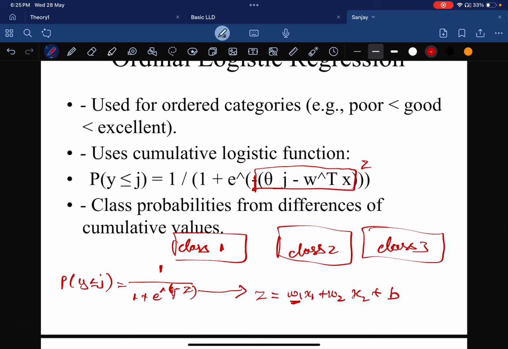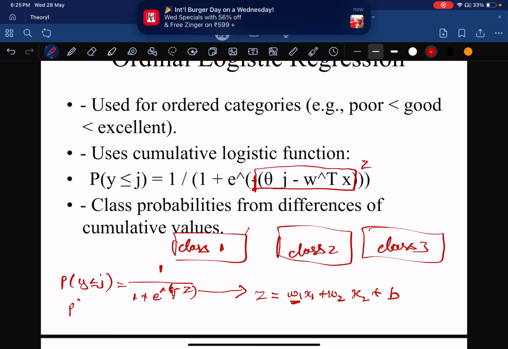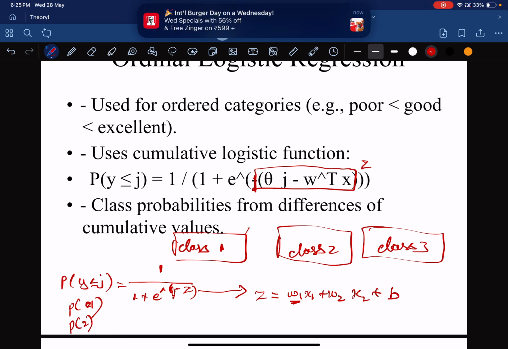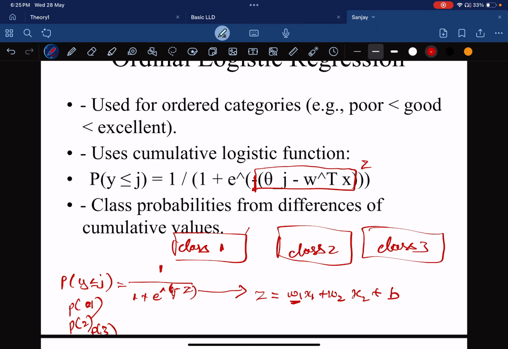Class probabilities come from the difference of cumulative values, meaning each class has a probability. For example, with three classes, it will find p1 for class 1, p2 for class 2, and p3 for class 3. And the data goes into the class which has the highest probability.